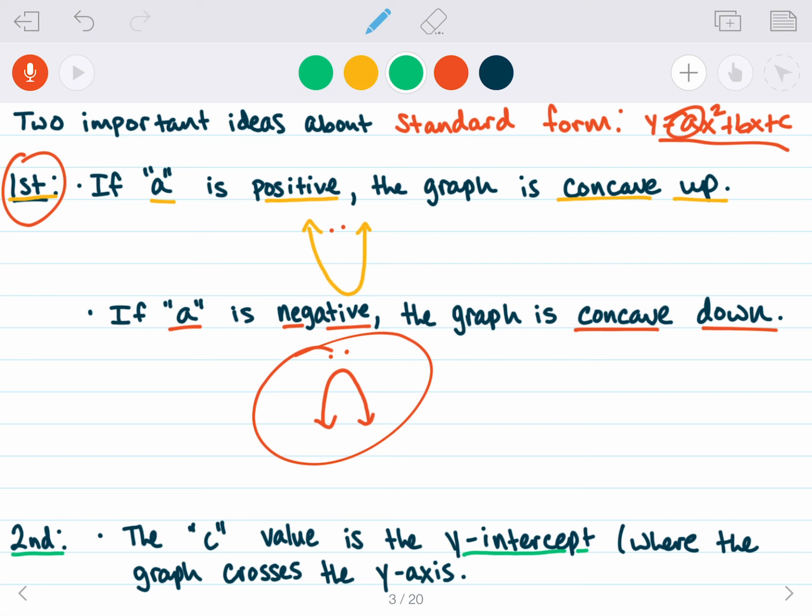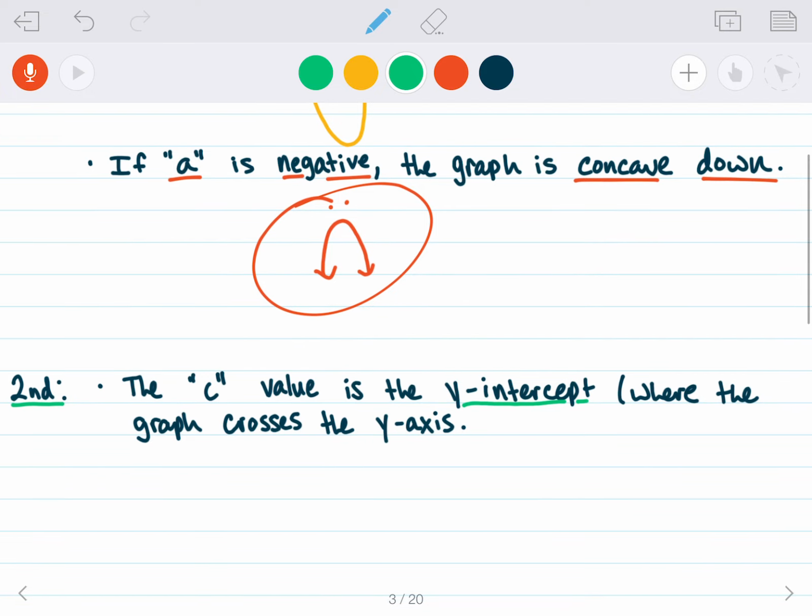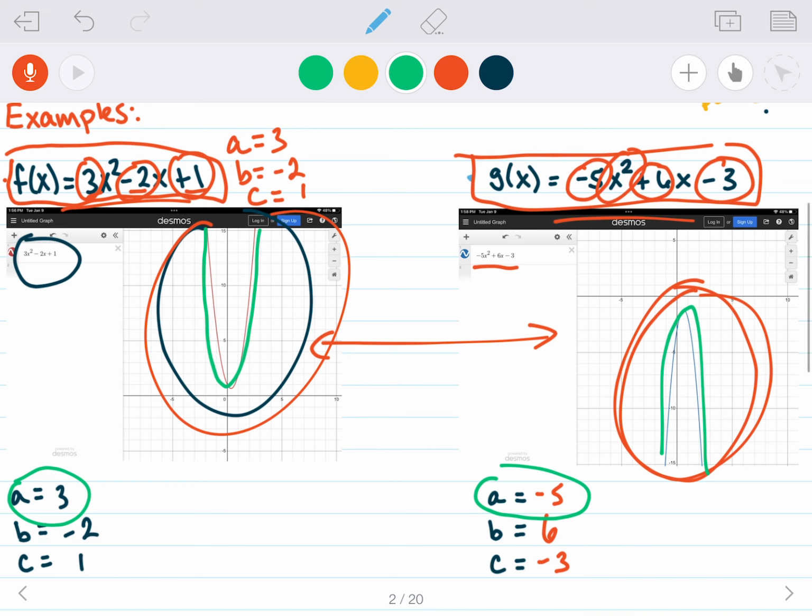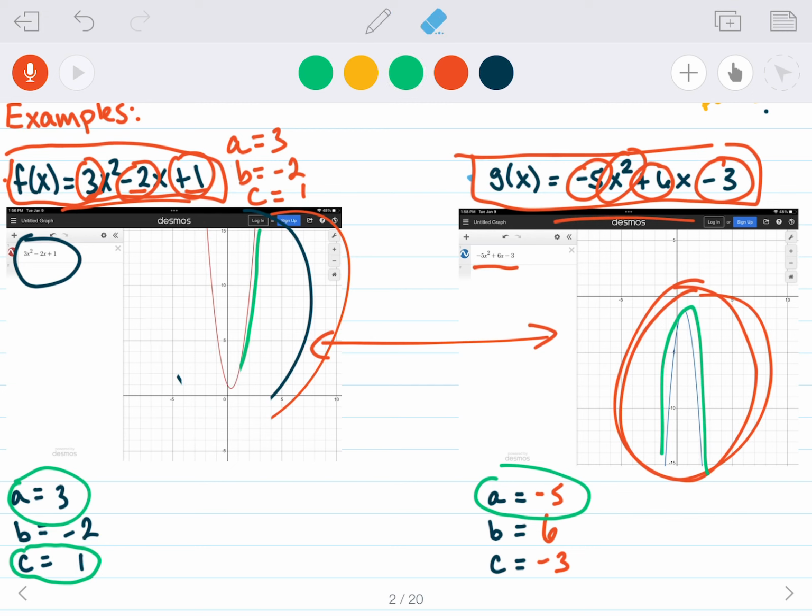The second piece of information is this guy right here, c. That constant term at the end, that constant number, gives us the y-intercept. And the y-intercept is where the graph crosses the y-axis. So let's go back to our examples here. Here, our c is 1, and we can see on our picture that the y-intercept is 1.